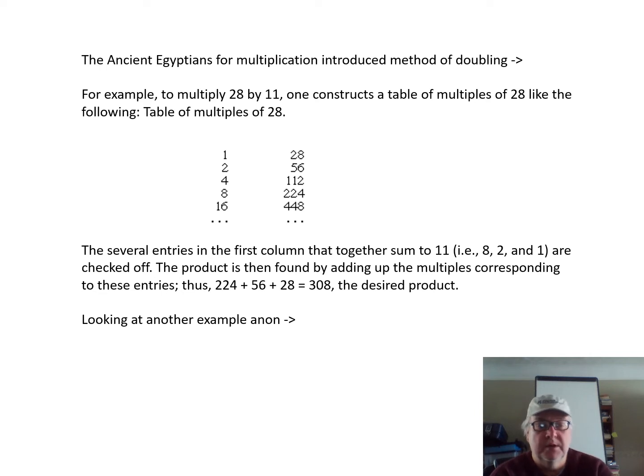So 1 times 28 is 28, 2 times 28 is 56, 4 times 28 is 112, 8 times 28 is 224, and so forth. So what you're doing is doubling 28, and then you double that number, and so forth.